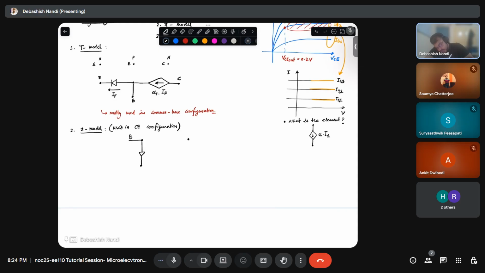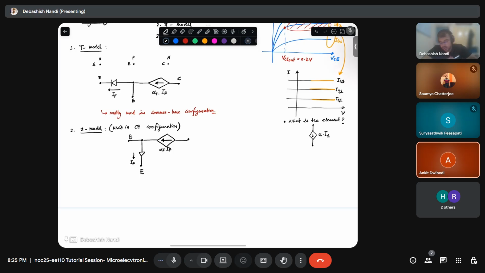So this is my base, this is my emitter, fine, and I have a current source here. So this is my, let's say, IF, this is my alpha F IF. So is that clear? I am not finished with the pi model. So this is the T model, right? This is the exact T model as above.